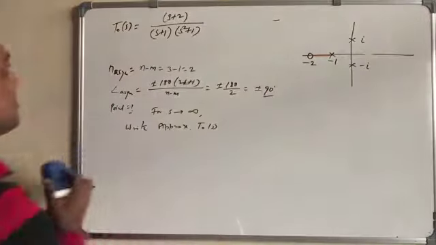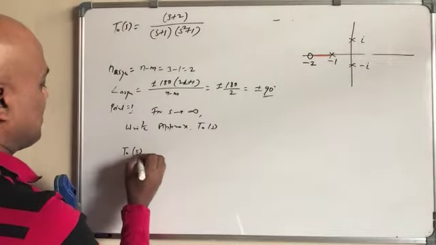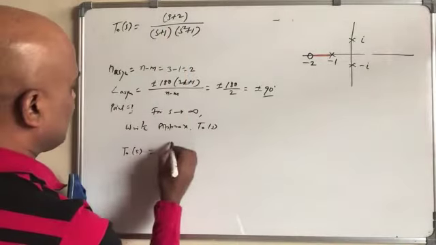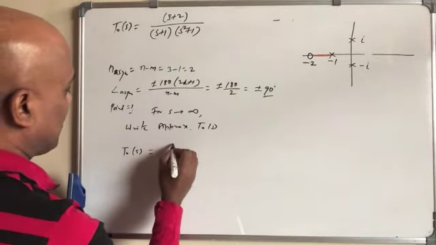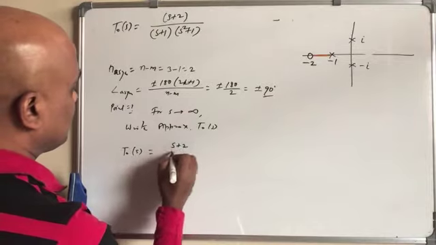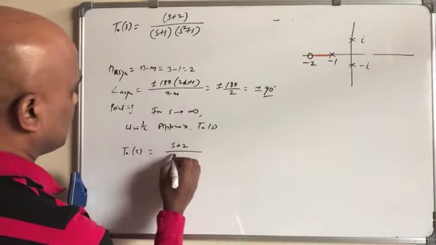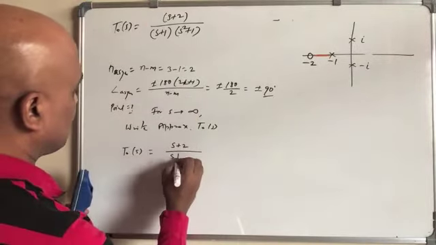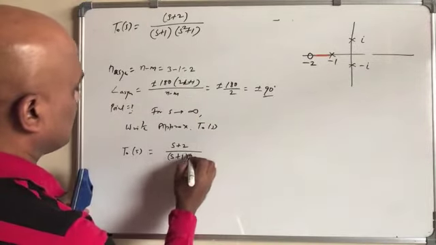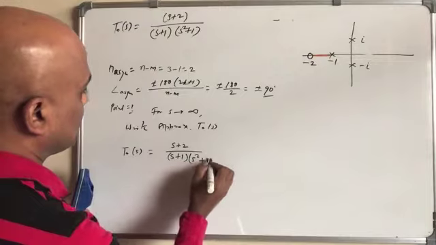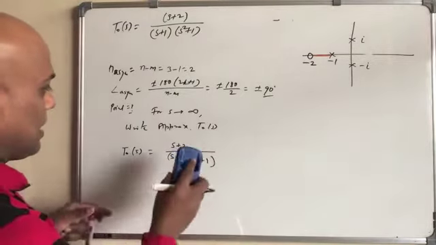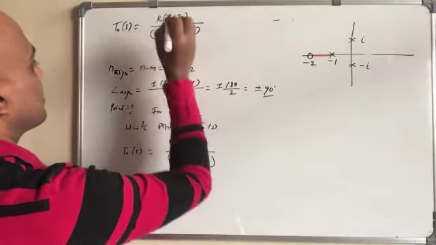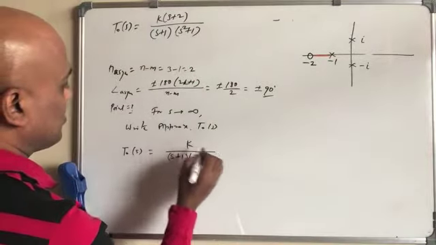So T naught s approximate will be equal to s plus 2 over s plus 1 times s square plus 1, and here we have a k, remember k here.